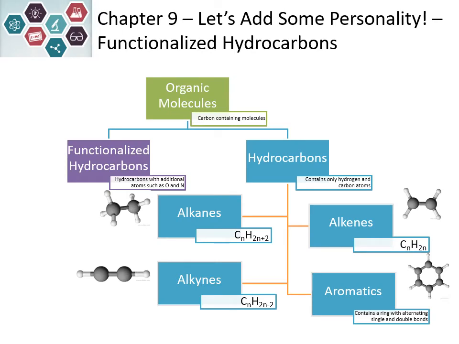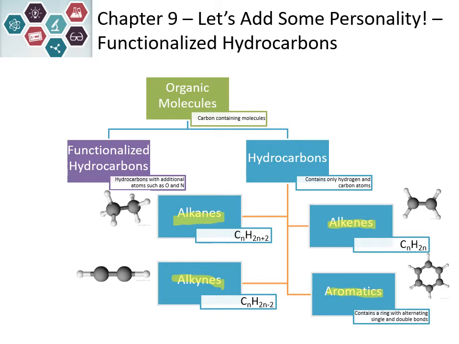So what exactly are functionalized hydrocarbons? Well, in Chapter 8, we looked at hydrocarbons, which, if you remember, contain just hydrogen and carbon. So we looked at what an alkane was. We looked at what alkenes were, at alkynes and aromatics.